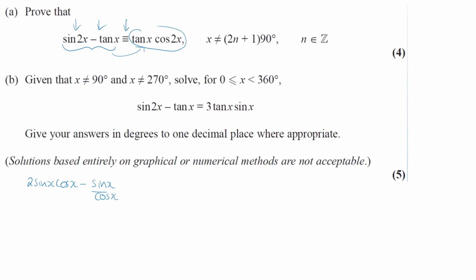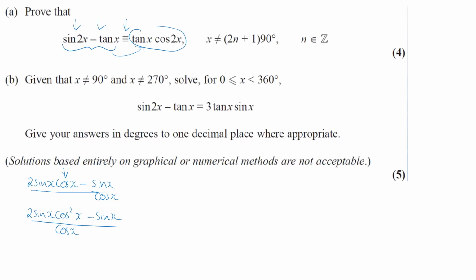So we need to have the left hand side all in sine and cos, because I need to take that line all the way across, which means I need to times this numerator by cos x. So I'm going to have 2 sine x cos squared x minus sine x all over that common denominator cos x.